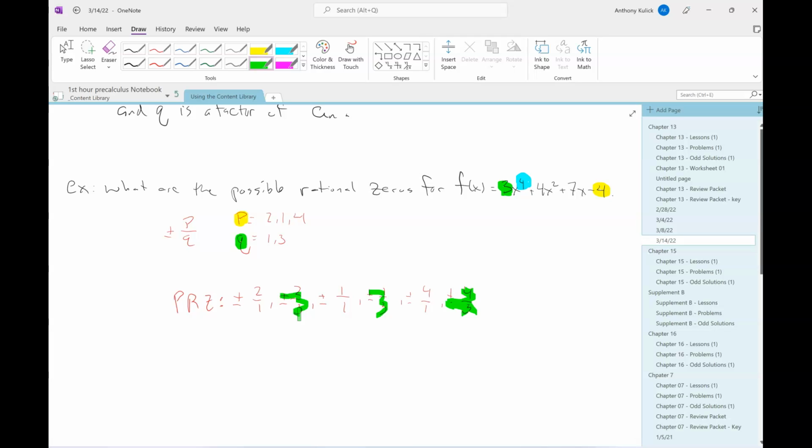What would we need to do to confirm if these were actually zeros now? Okay, let's say without the calculator though. We wouldn't plug them into the formula. We'd want to use synthetic division to see if we get a remainder of 0.